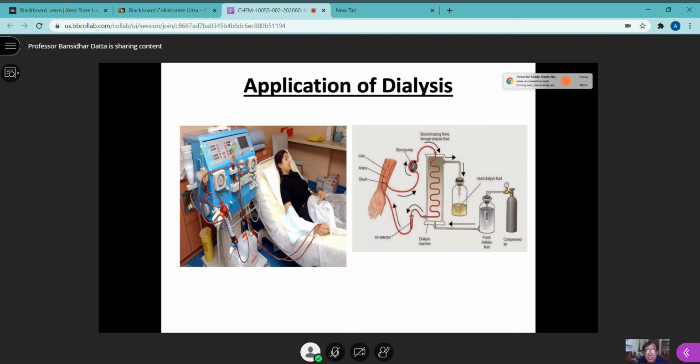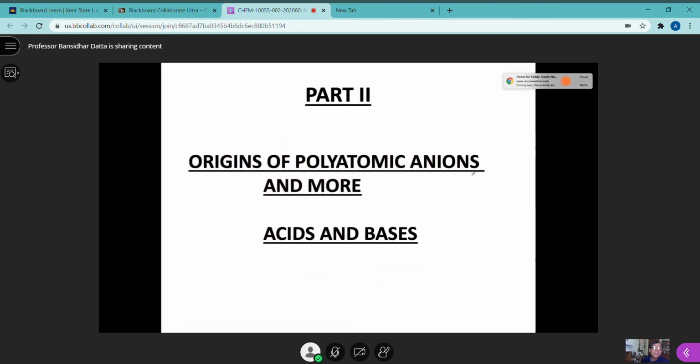Only one polyatomic anion, OH minus, the hydroxide ion, came from the bases, and the rest of them, sulfate, phosphate, nitrate, nitrite, sulfide, hydrogen carbonate, etc., all came from the acids. So we'll go to the acids and bases now. That's basically the origin of the polyatomic anions, as we told you earlier.